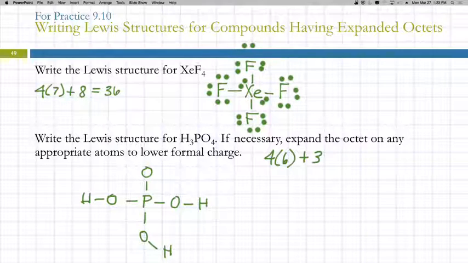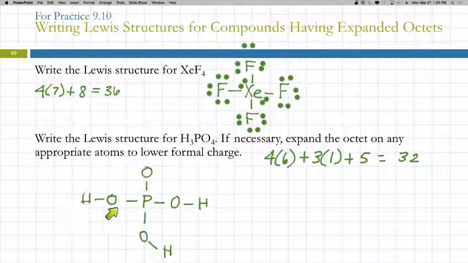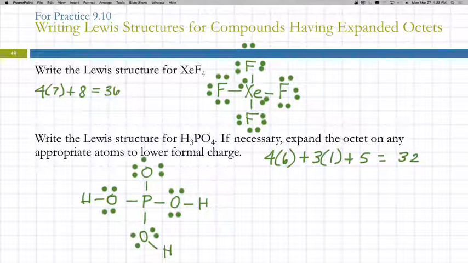We've got 3 hydrogens, they each have 1 valence electron, and the phosphorus has 5. So 24 and 8, 32. So we've got 2, 4, 6, 8, 10, 12, 14, 16, 18, 20, 22, 24, 26, 28, 30, 32.